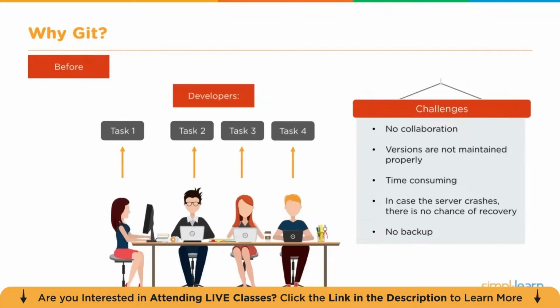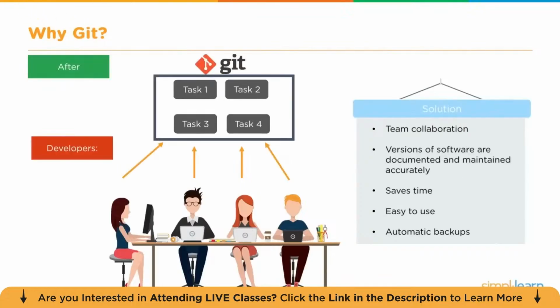It was time consuming. Often, if the version control server would crash and there wasn't a backup, then you'd have to essentially go back to square zero to see whether or not you had to do the work again. So let's look at what Git does to actually solve this.